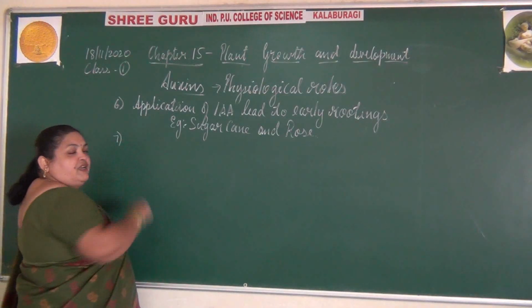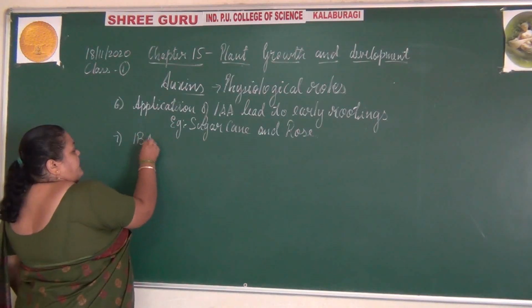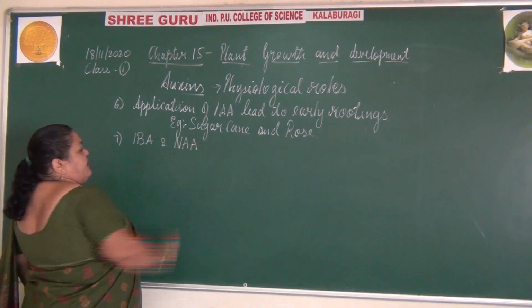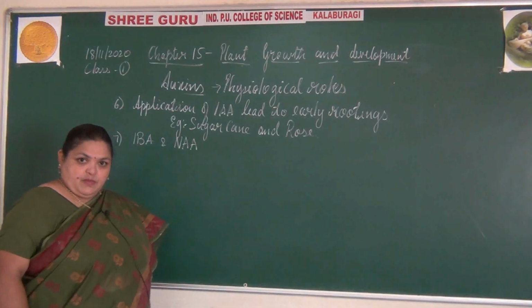While the synthetic auxins like indole butyric acid and naphthalene acetic acid, these are both natural auxins.